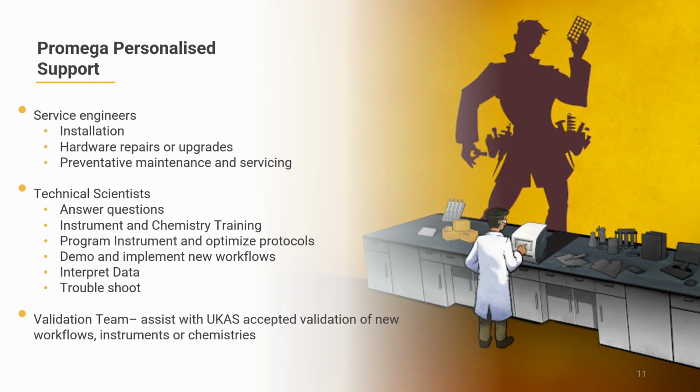So one last thing, the Spectrum Compact comes with Promega support. We know that your results have to be top quality all the time. You know, patient diagnoses depend on it, treatment plans depend on it. And we also know how busy you are, the backlogs, the tight turnaround times, and we know that you want to resolve any problems as quickly as possible so your instrument has as little downtime as possible.